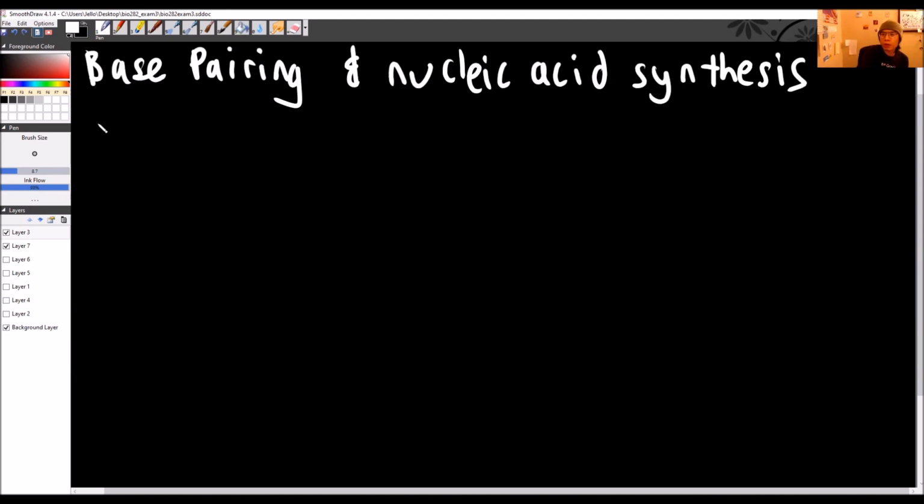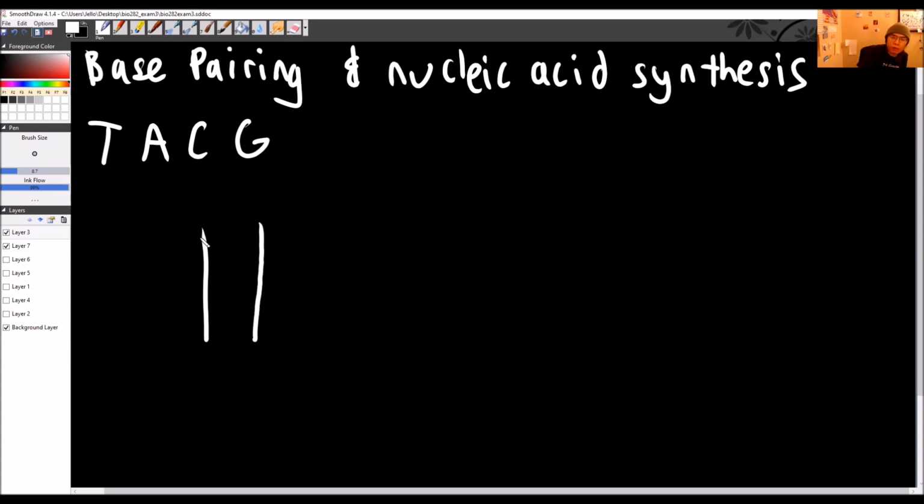Let's elaborate more on base pairing, which will tie into nucleic acid synthesis. Let's look at the types of nitrogen bases present in DNA. We have thymine, adenine, cytosine, and guanine. So when you have your DNA, we're going to ignore the helical structure for now.